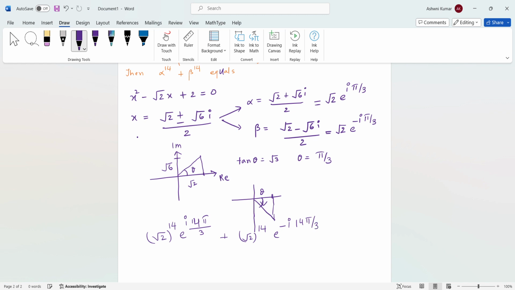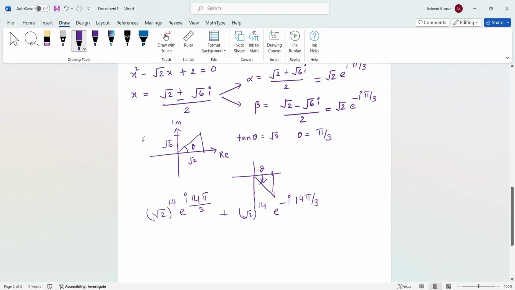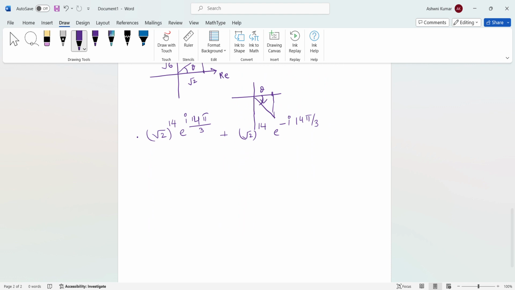Now if I simplify, root 2 to the power 14 and root 2 to the power 14 can both be taken common and written as 2 to the power 7.